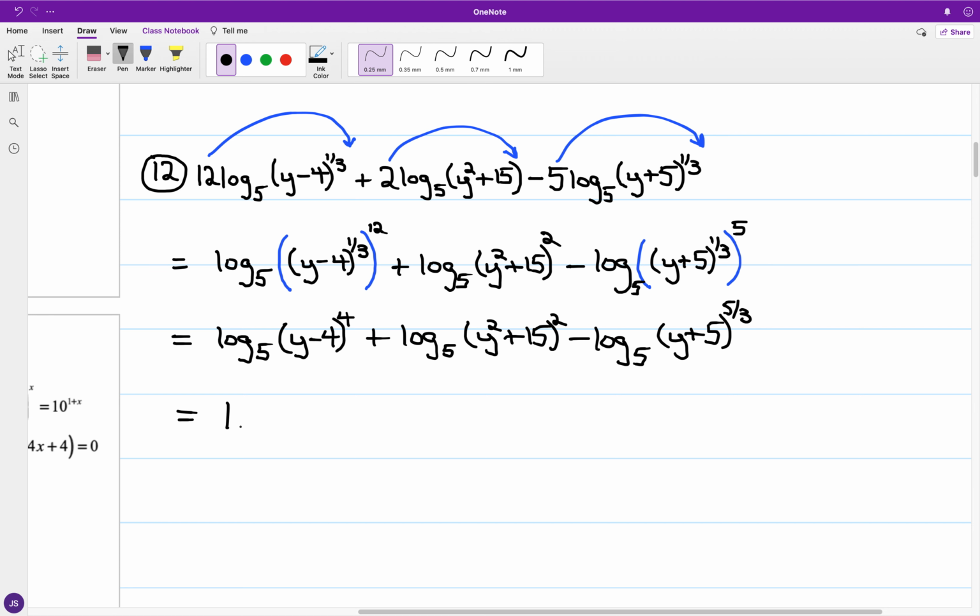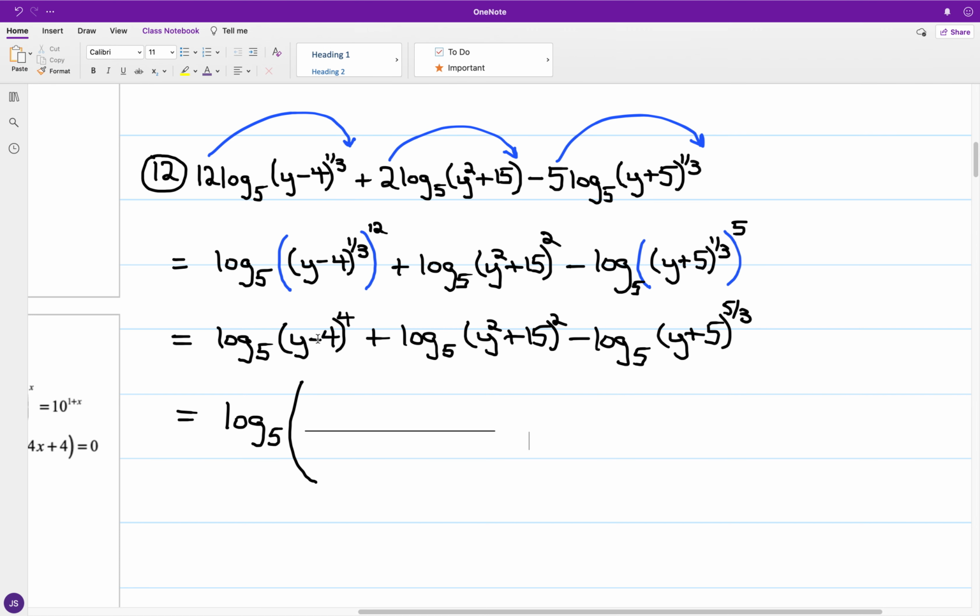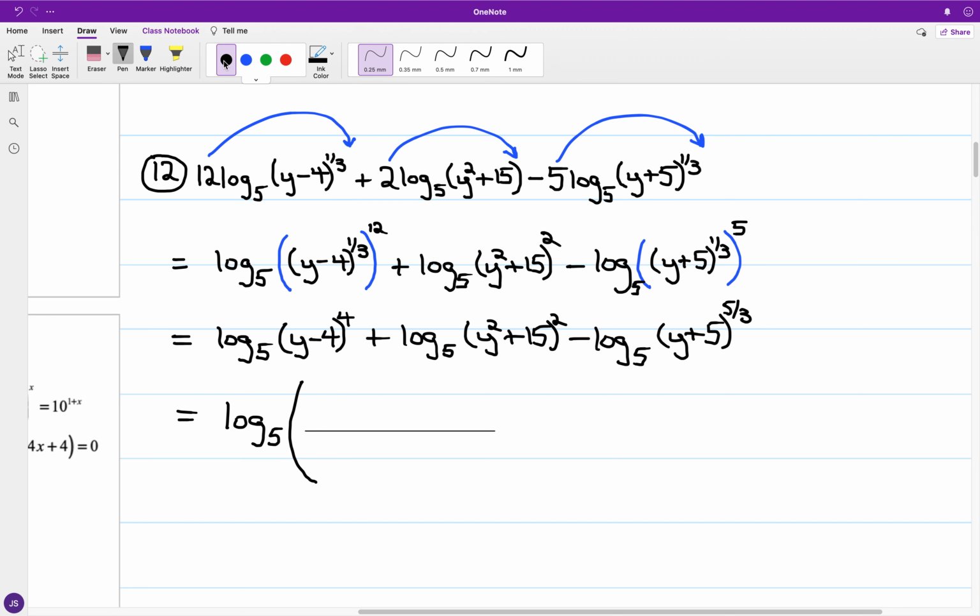So looking at consolidating, you have a base 5 logarithm, and just looking at what we have here, we have y minus 4 to the 4th. This stems from a positive base 5 logarithmic term, so this attachment goes in the numerator.